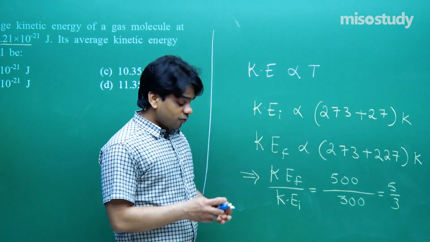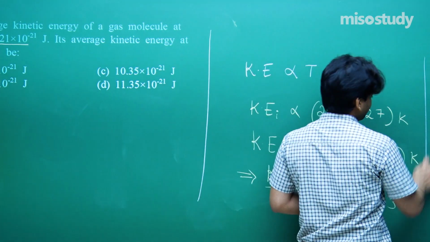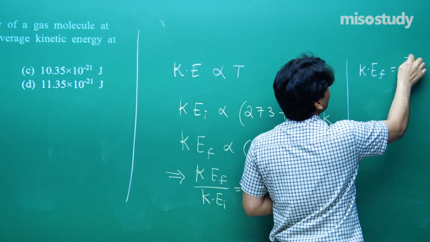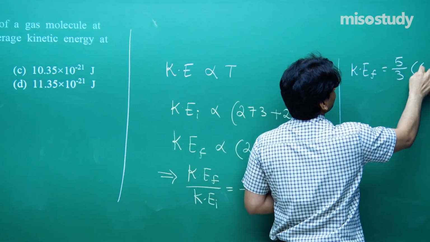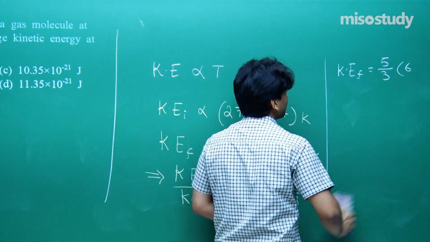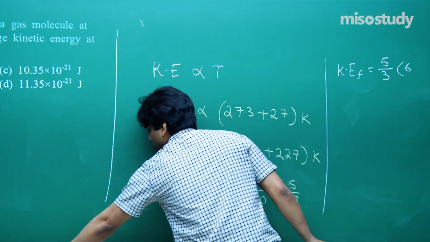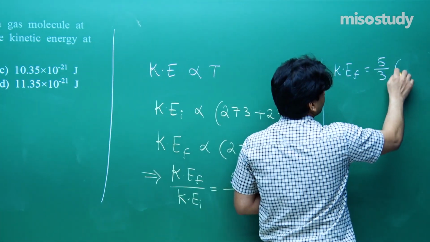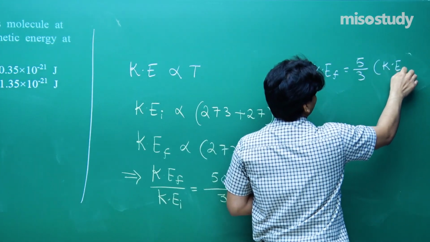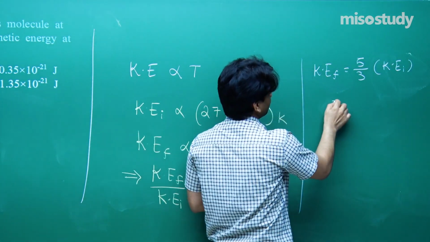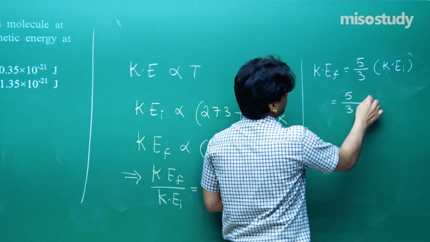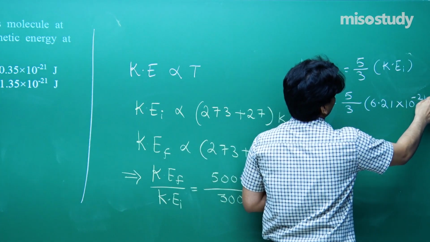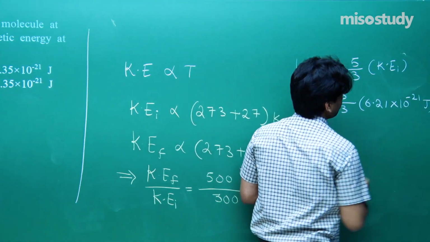So kinetic energy final will turn out to be 5 by 3 multiplied with kinetic energy initial, that is 6.21 into 10 to the power minus 21 joules.